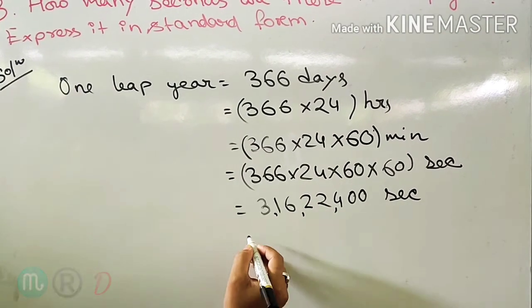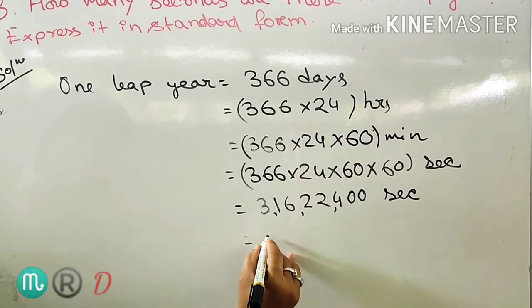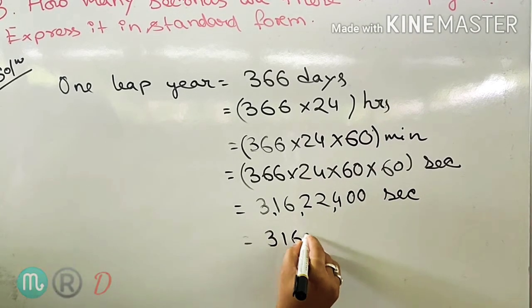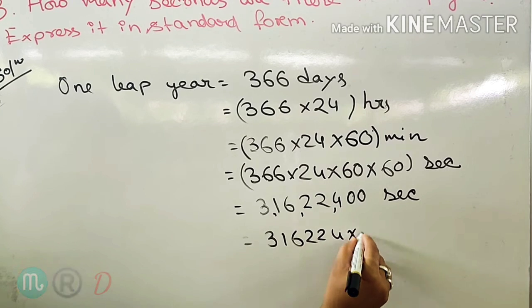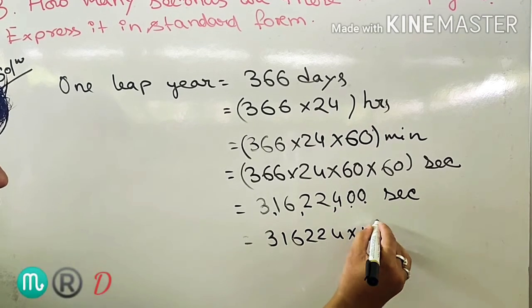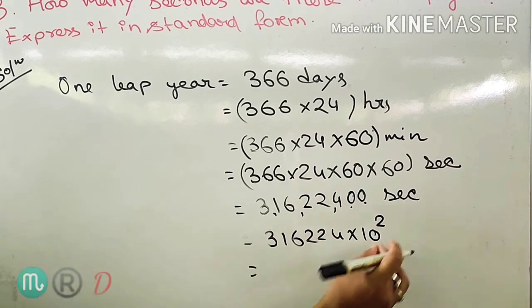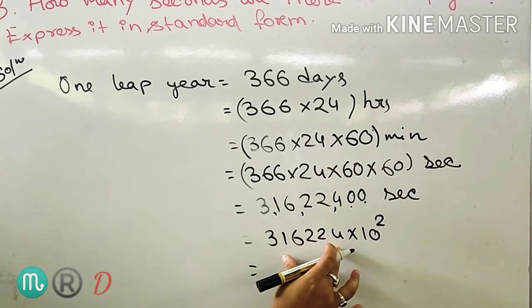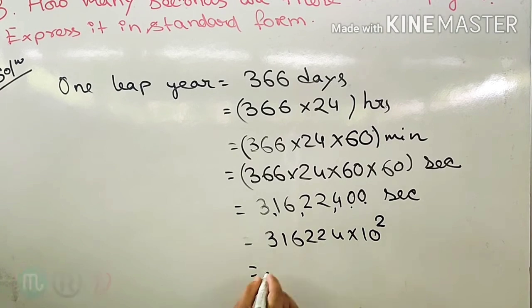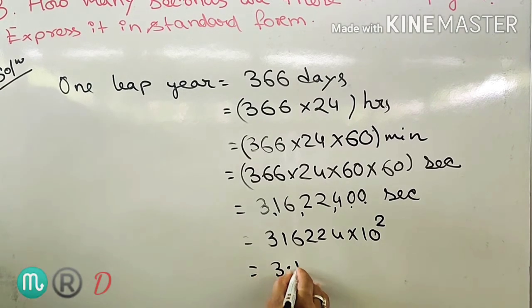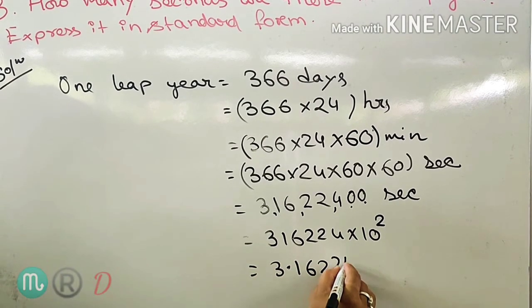Now in standard form, first we'll remove the 0, that means 316224 into 10 to the power 1, that is, 10 to the power 1 is there, so 10 to the power 2. Now you look, it is in the form p into 10 to the power n, but here the value of p is more than 10, so we'll write this one 3.16224.